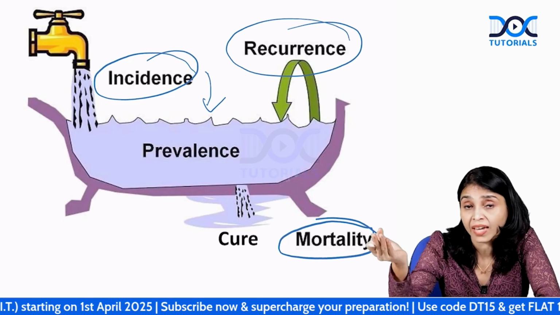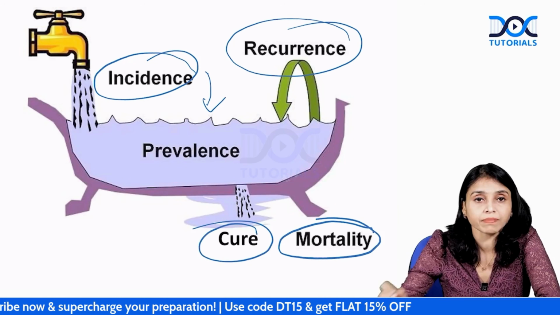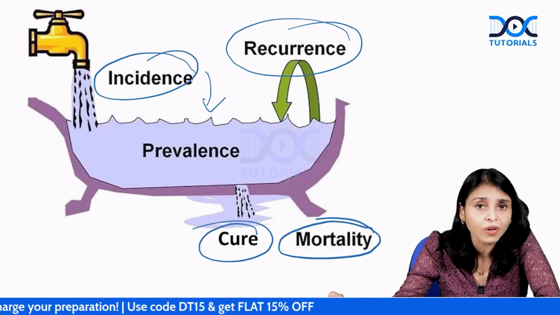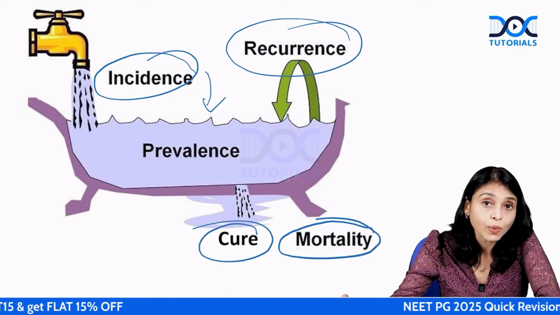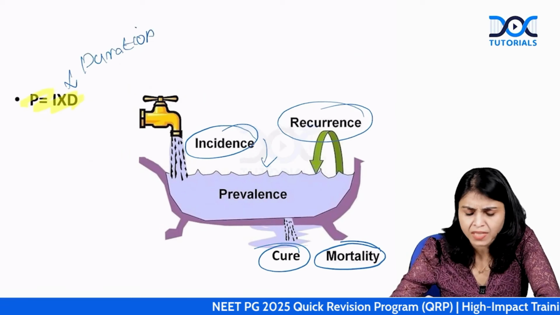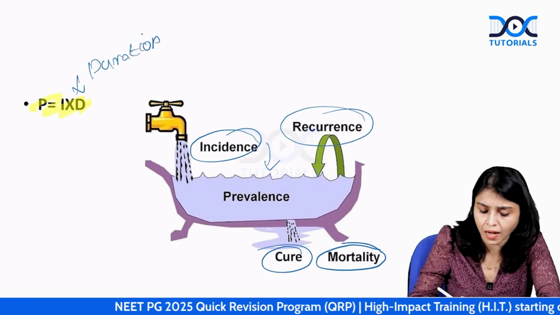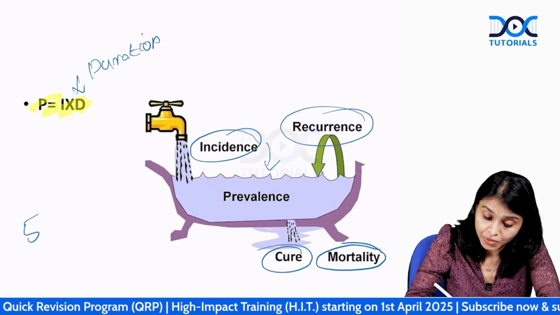Why? Because they are dying within a week, right? Similarly, cure rate. If you take the case of chickenpox, cure rate is fast. If you take the case of measles, cure rate is fast. So as the cure rate increases, naturally the prevalence decreases. I hope it is clear. Okay, so these are, again, I would say, when you count, 5 MCQs.